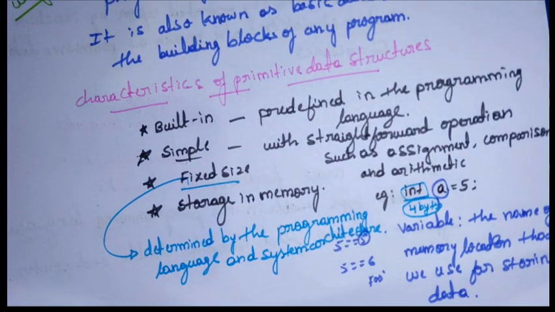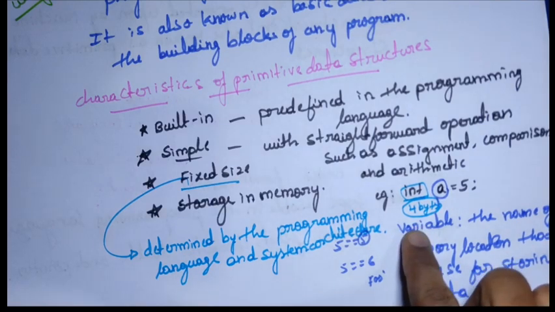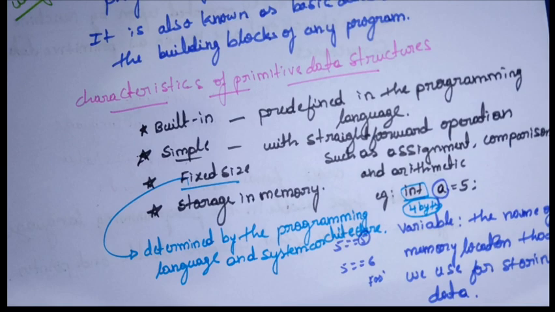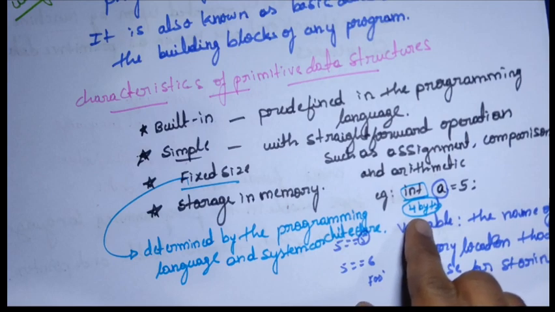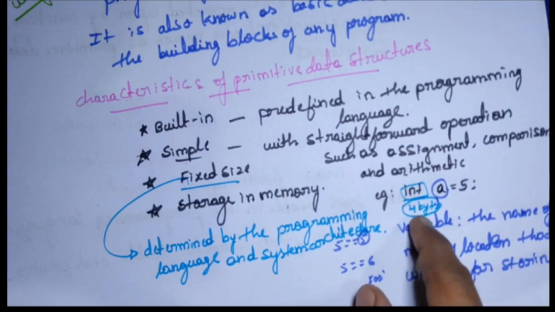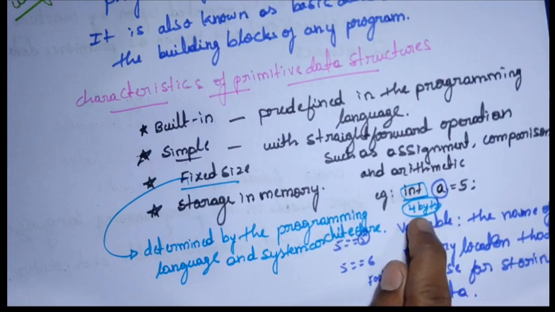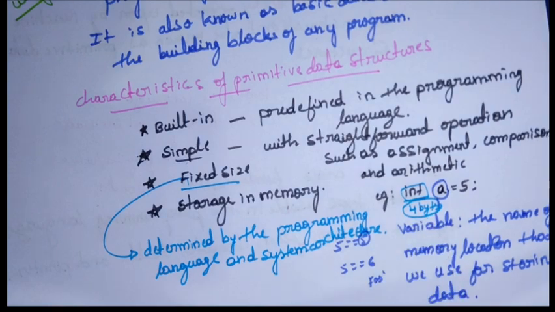So that depends on the programming language. In C language it contains 4 bytes. And one more thing, here int has 4 bytes, and we cannot resize that data type once it has been created. So this is the fixed size.